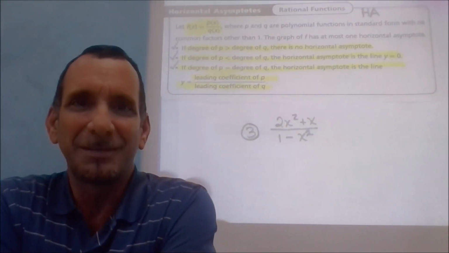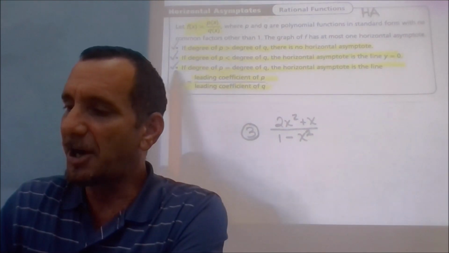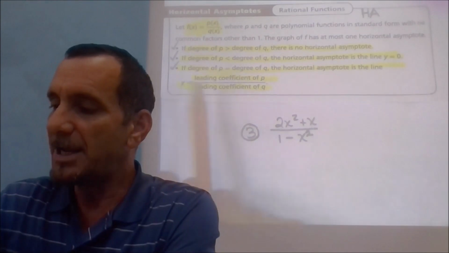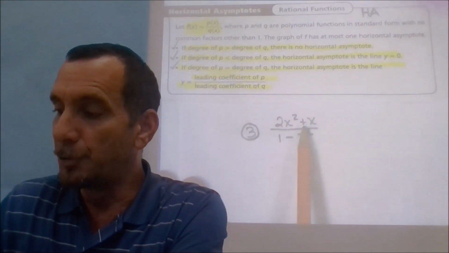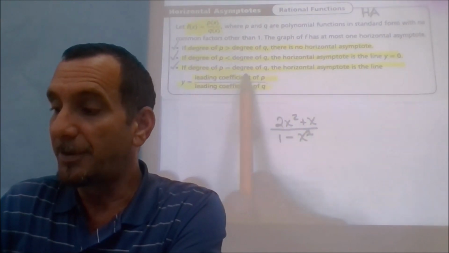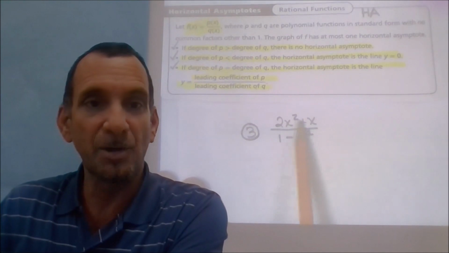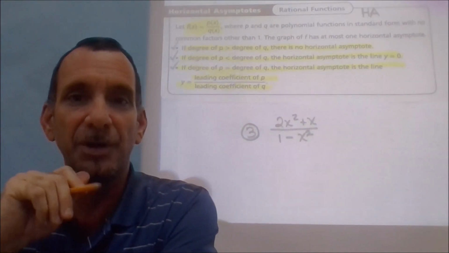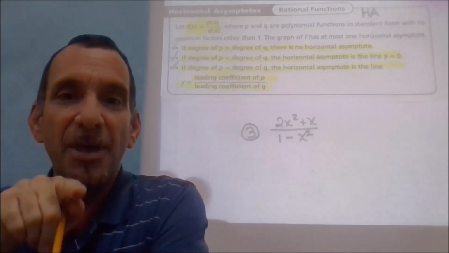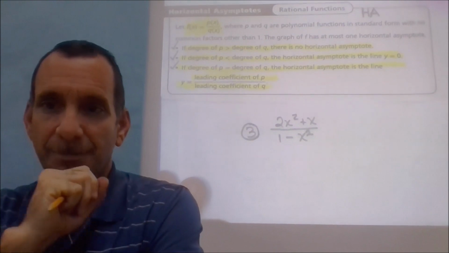Here's a fun one. This one's neat because it takes care of this last situation. If the degree of the numerator equals the degree of the denominator, x squared and x squared, then the horizontal asymptote does exist.